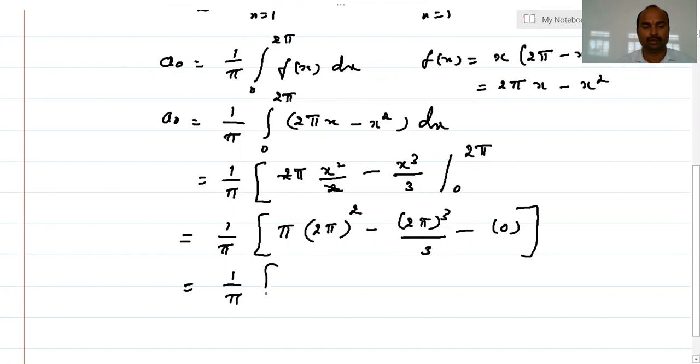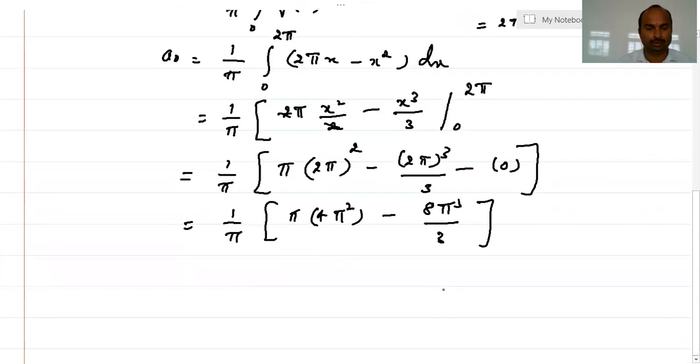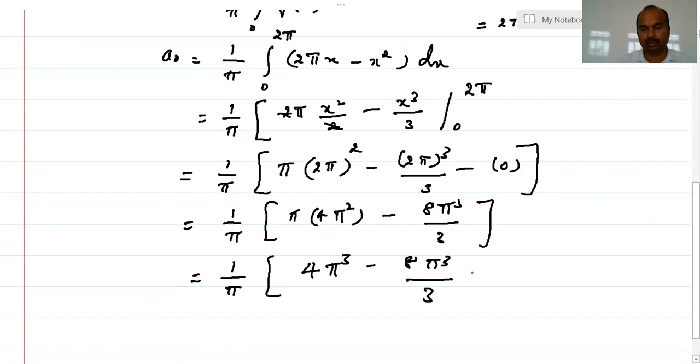So 1 by pi into 2 means it is pi into 4 pi square, and 2 cube means it is 8 pi cube by 3. So now simplify this one, that is 1 by pi into 4 pi cube minus 8 pi cube by 3.